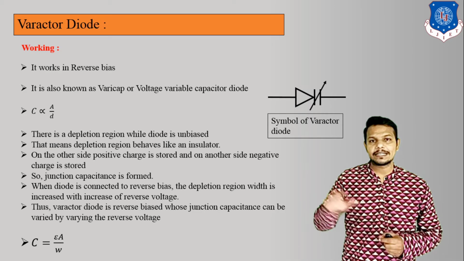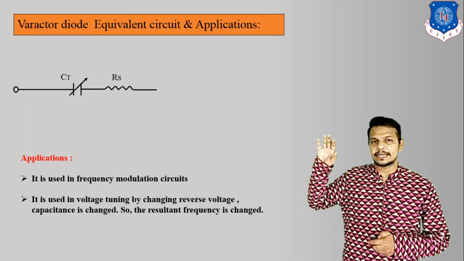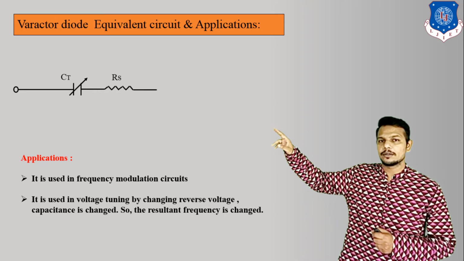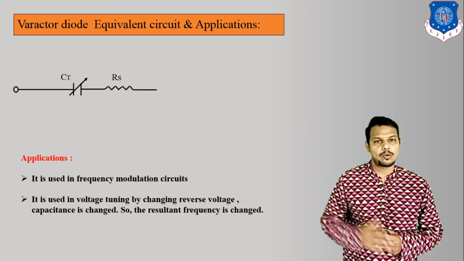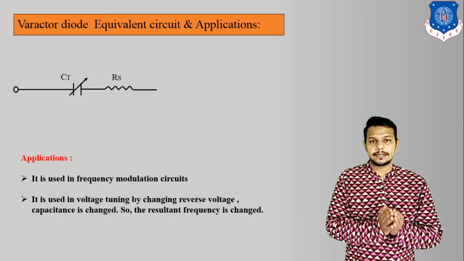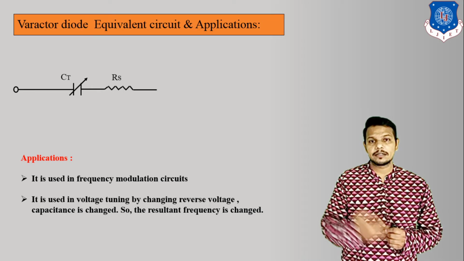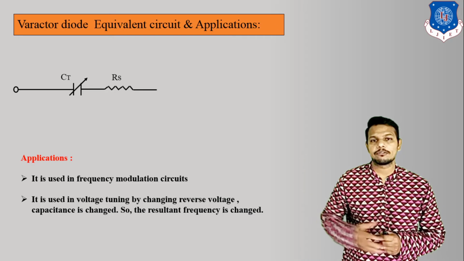So this is the Varactor diode. Now this is the equivalent circuit of the Varactor diode. Actually a capacitor is shown here, but that is the Varactor diode, because the depletion region behaves like an insulator. So this is the equivalent circuit of the Varactor diode.